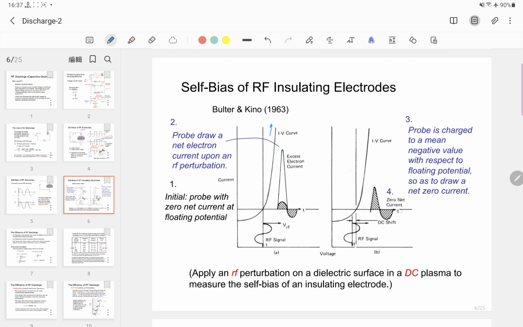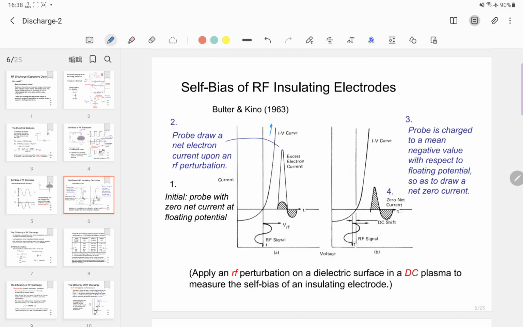In that circuit, we can use one DC power supply connected to the probe. One end of the DC power supply connects to the probe, and the other end connects to ground. It forms a closed loop circuit, because when the probe touches the plasma, the plasma is also a part of the circuit.